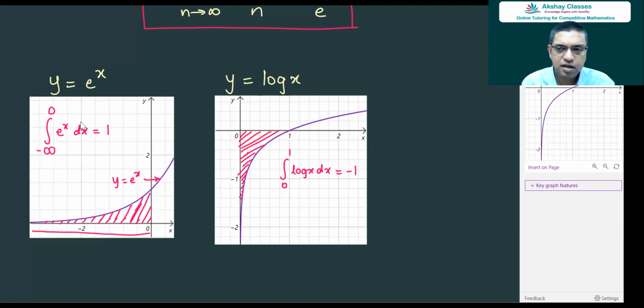Tomorrow's class, I have already uploaded assignment problems on integrals. Some of them involve improper integrals, and I'll cover that tomorrow, in the first 15-20 minutes. And we'll do a few more problems, and then we complete integrals, and then we'll touch upon areas under curves for simple two-dimensional curves.